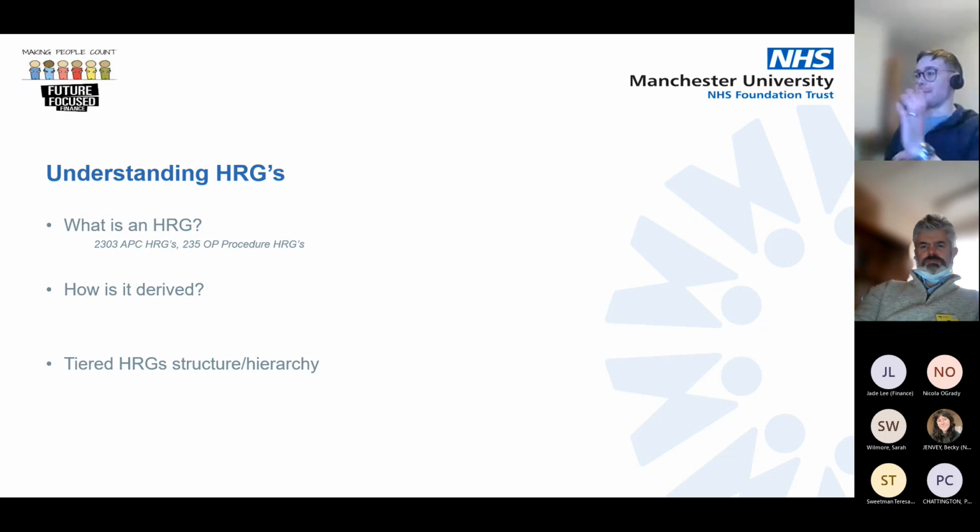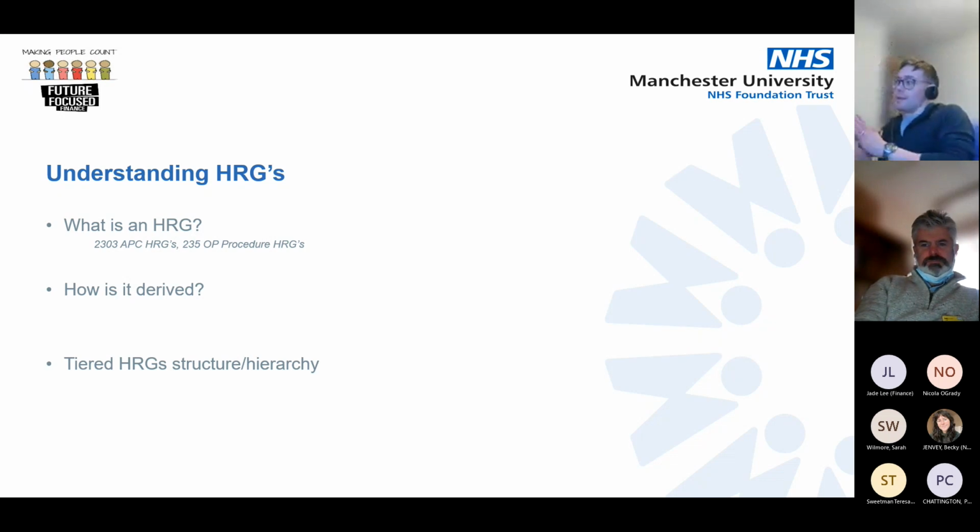So it's worth keeping that in mind. If you're ever having to look at HRGs and provide information on them, and it's outpatients that you're looking at, you may need to look across at whether a procedure was carried out and whether this is a procedure driven HRG.